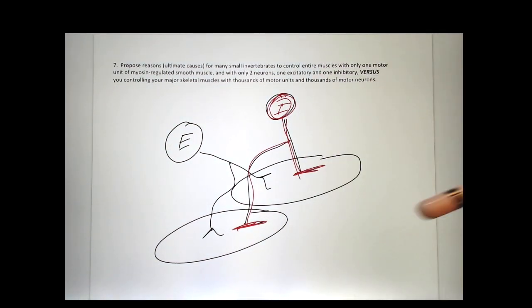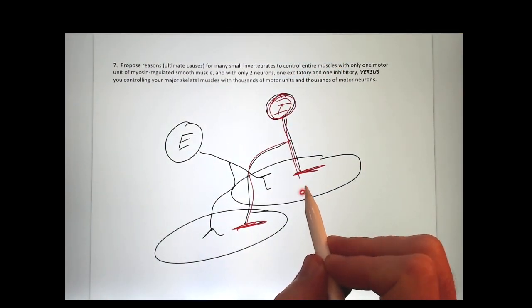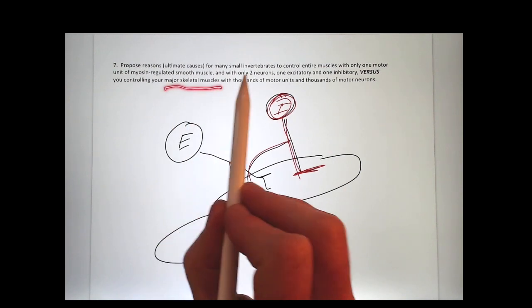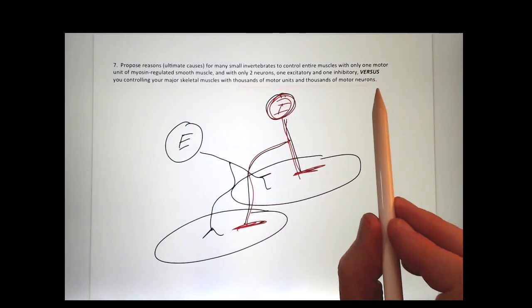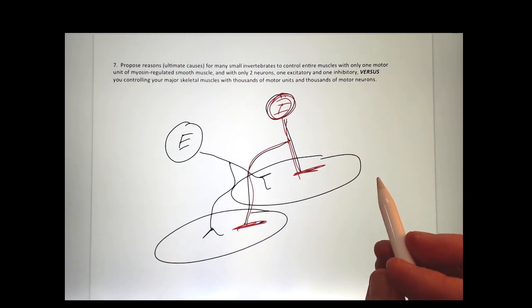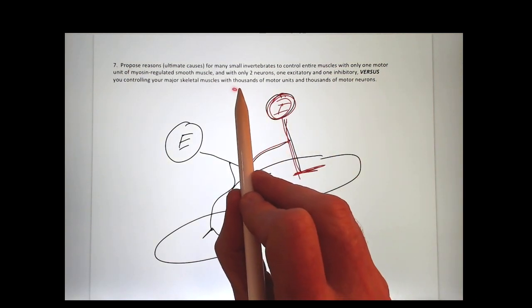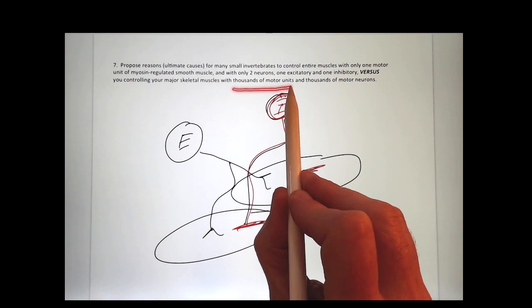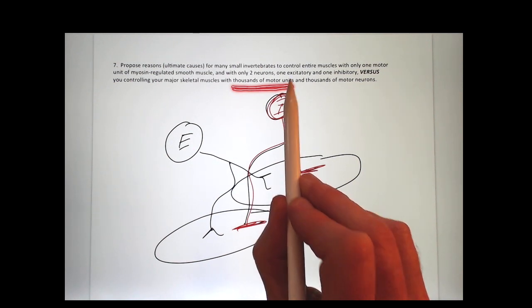So why might that be? Whereas you are controlling your major skeletal muscles like your biceps or your major leg muscles with thousands of motor units and thousands of motor neurons, one for each motor unit. So if you're large, even with our very large skeletal muscle cells, you have a lot of different neurons because you have to reach every single muscle cell with an axon terminal.